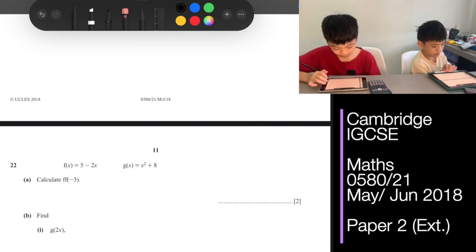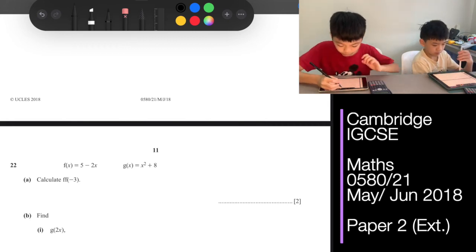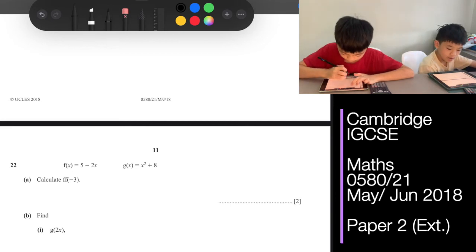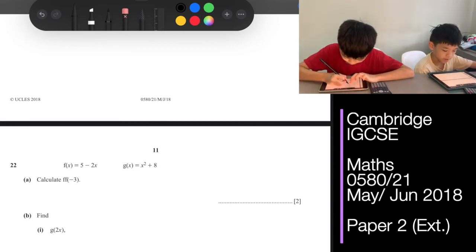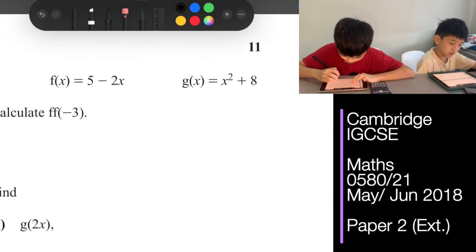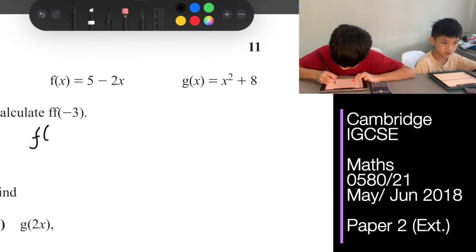Okay, for question 22, we need f(x) is 5 minus 2x, g(x) is x squared plus 8. For question 22a, we need to calculate f(f(-3)).